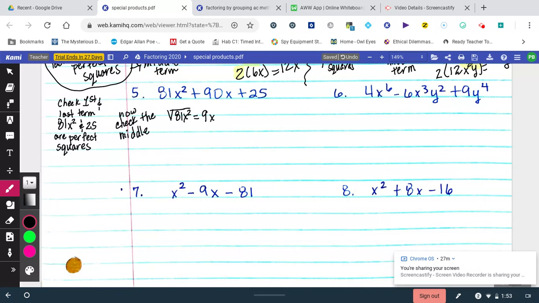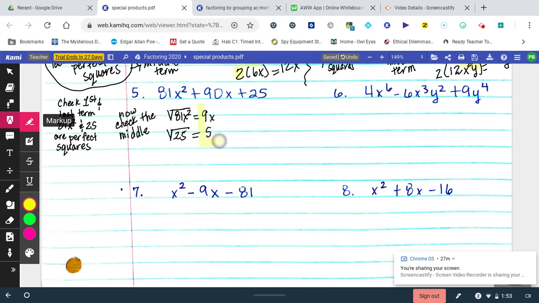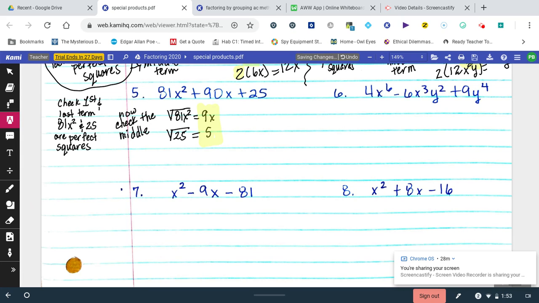Just cut the 2 in half. All right, the square root of 25 is 5. So what you want to do is check to see if the middle term is twice this product. So let's figure out what that product is. That product, 9x times 5, is 45x.